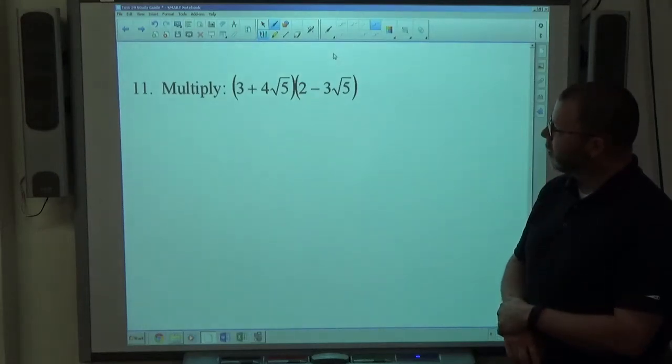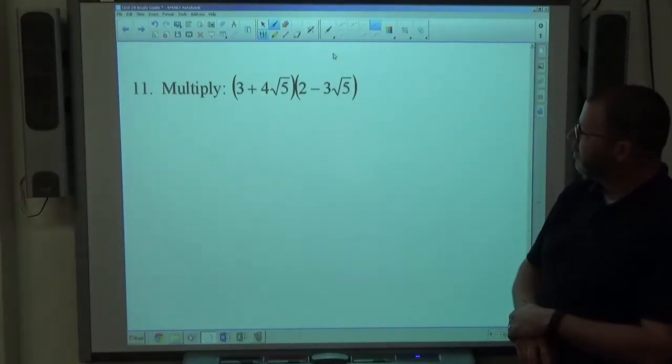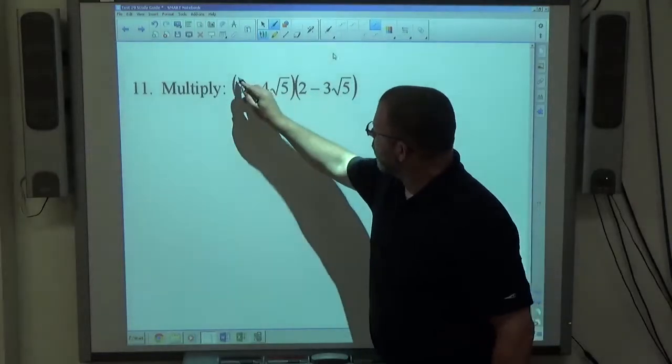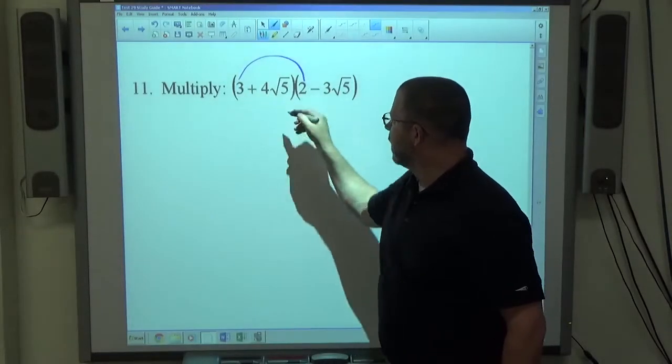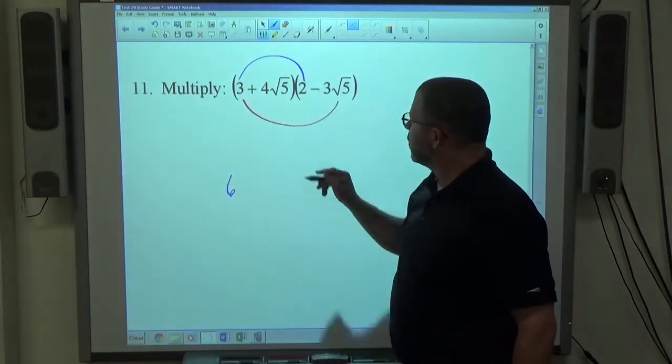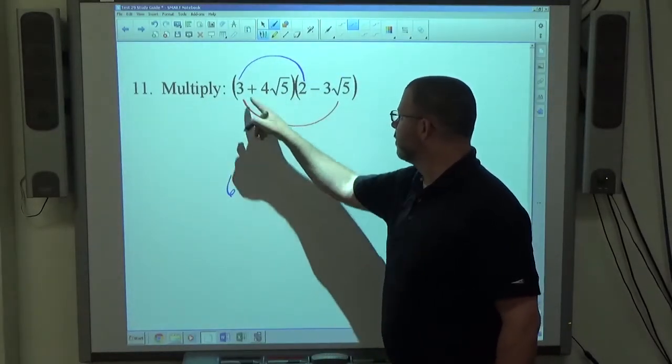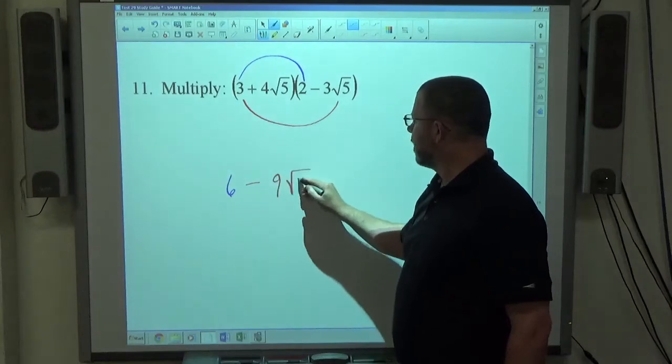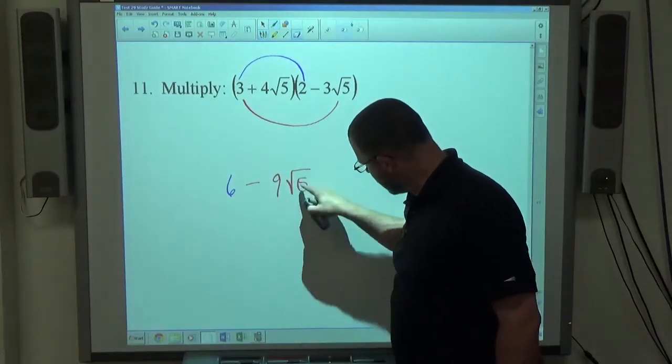Multiply 3 plus 4 times the square root of 5 times 2 minus 3 times the square root of 5. We're going to FOIL this, so first times first, 3 times 2 makes 6. 3 times negative 3 square root of 5, a positive times negative makes a negative, 3 times 3 makes 9, and then the square root of 5 comes along for the ride.